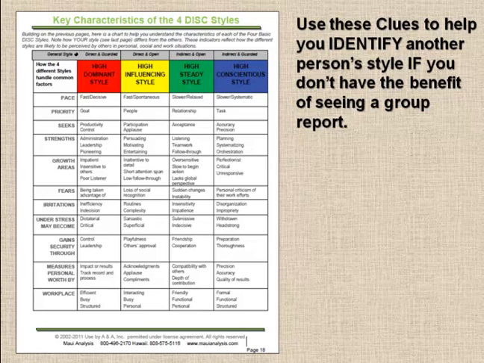Here are some more clues right here. The pace that they operate at. These are the 4 different styles, the D, the I, the S, and the C. What's important to them? What do they seek? What are their strengths? What are their fears? What irritates them? They will measure their personal worth by these things. And in the workplace, this is how they're going to seem to you.